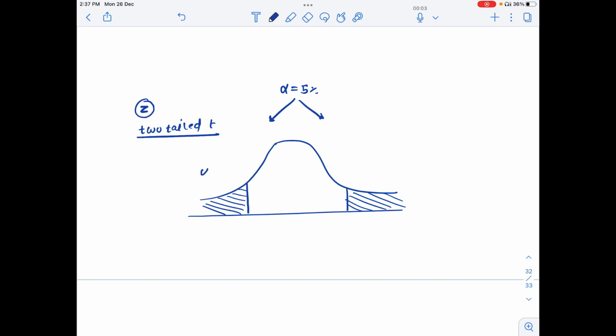So it has to be alpha by 2, alpha by 2, because overall he is taking risk of getting wrong 5% of the time. Now he can be wrong by having a result that is very high compared to the expected value or very low compared to expected value. So alpha by 2, which will be 2.5%, is divided on both sides.